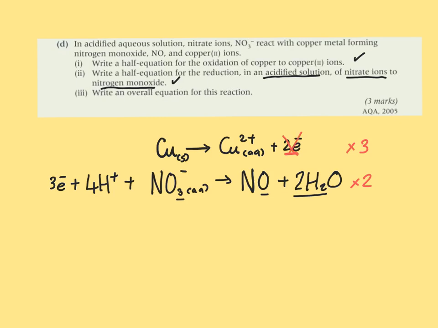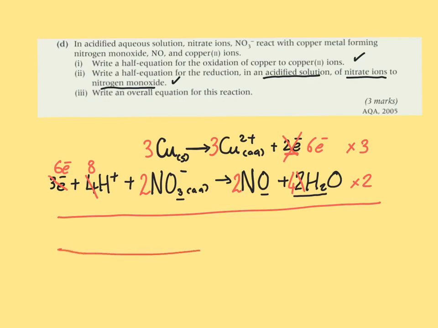So that now gives us 6 electrons, but we need to times this one by 3. Now, to balance up electrons here, we need to times that by 2, and that gives us 6 electrons here. But we also need to double the number of nitrate ions, nitrogen monoxide, and water molecules before we can add the 2 electron equations together.